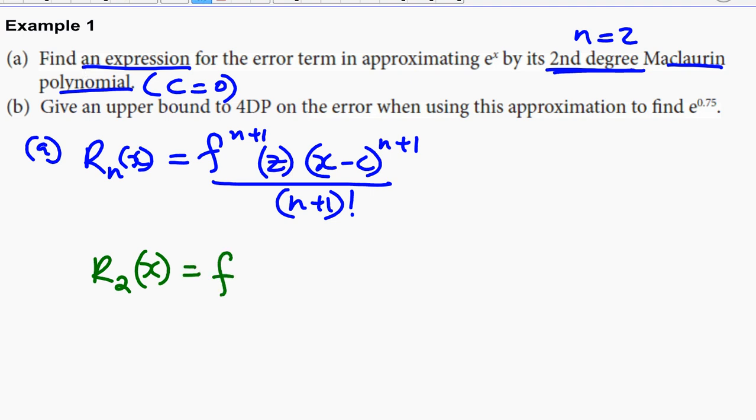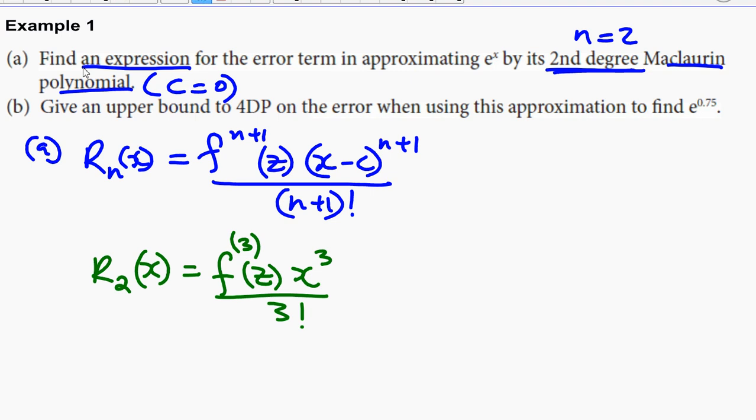Now n plus 1 will be 2 plus 1, which is 3. So the third derivative of f at z is what we'll be looking for. And then we have x to power 3, because c is 0. So x to power 2 plus 1, which is 3, over 3 factorial. All right. So I've just substituted what we have into this equation.